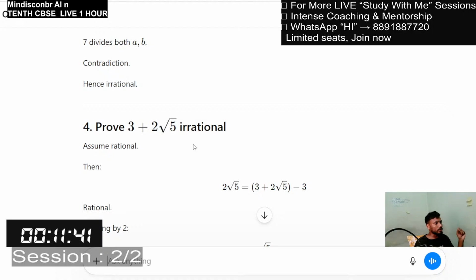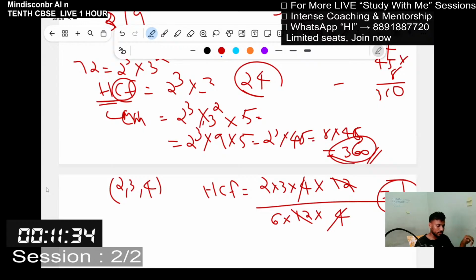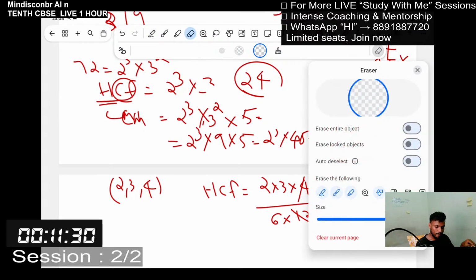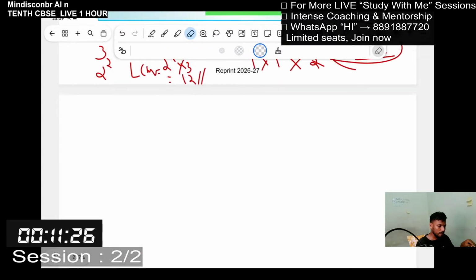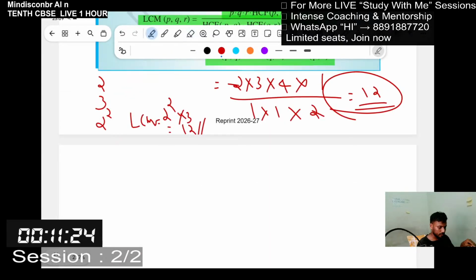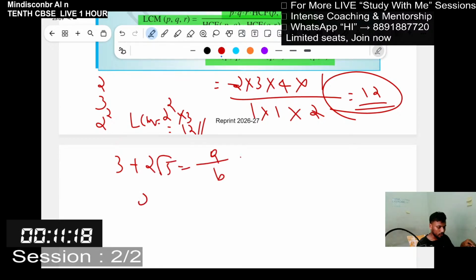Prove 3 plus 2 root 5 is irrational. This is also the same way. Assume 3 plus 2 root 5 is equal to a by b. Therefore 2 root 5 is equal to a by b minus 3.